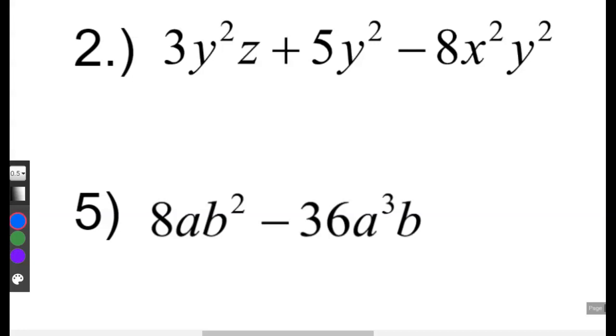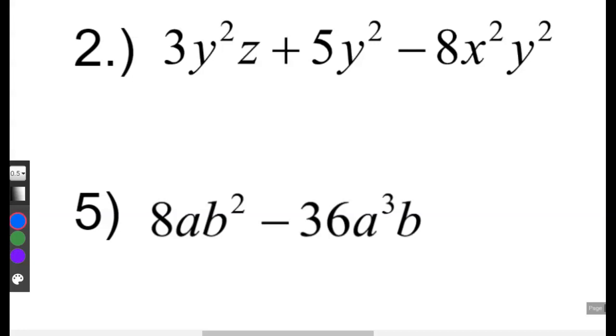Instead, we do know that they do share a common factor. What do all 3 of these have? They all have a y. Not only a single y, but a y squared. They all have a y squared.